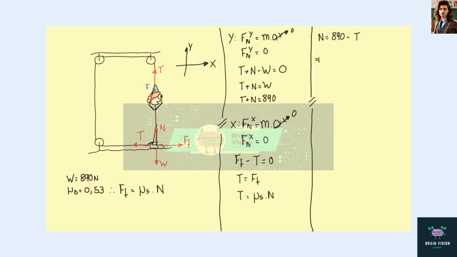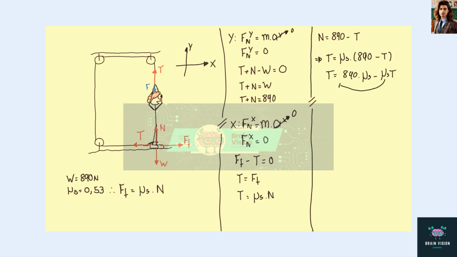So the tension force is equal to the static frictional coefficient times the normal force, which is 890 minus the tension force. Then T is equal to 890 times mu s minus mu s times T.